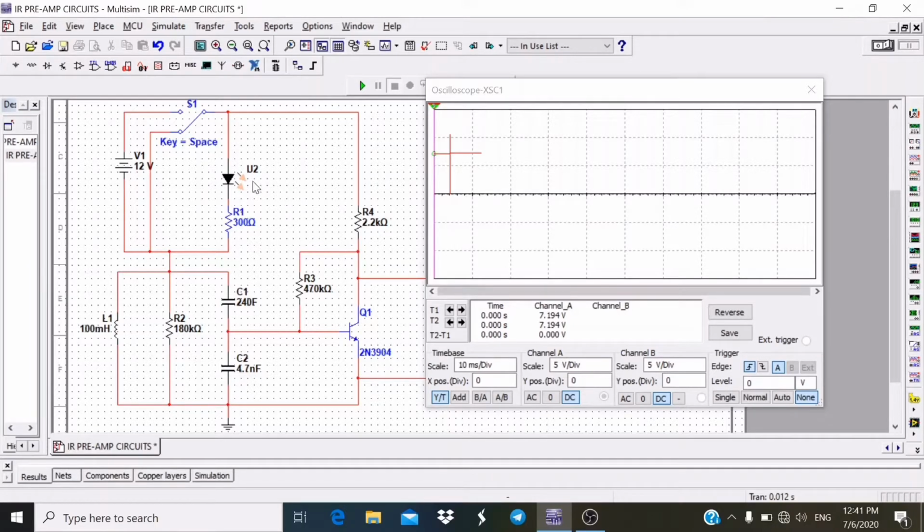Here I want to show how the signal is sent from the remote or other device. Here is the output, when the signal sends and then when it is off.